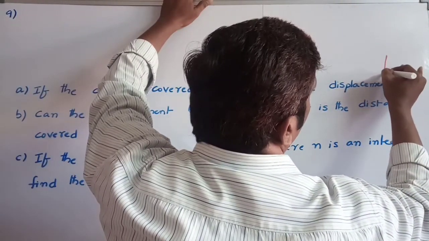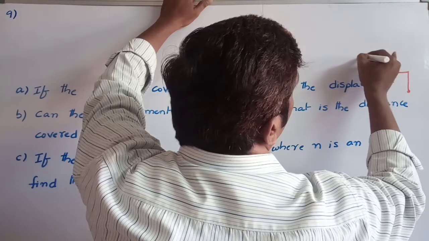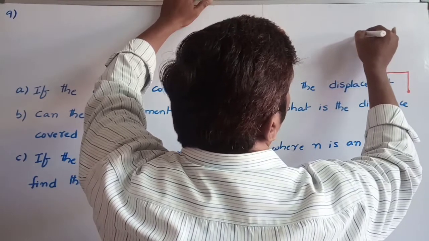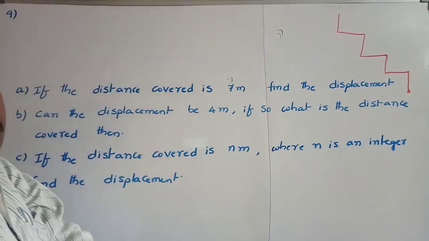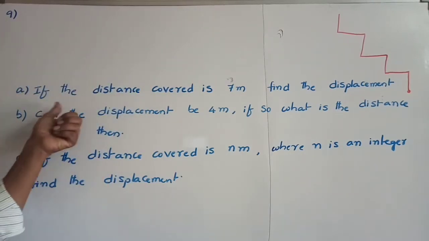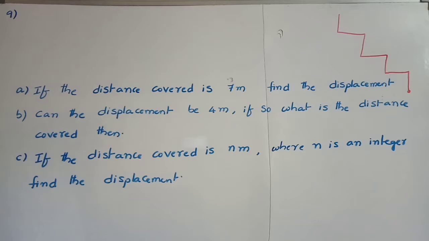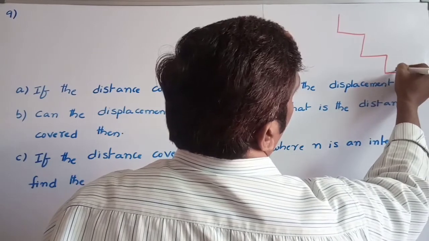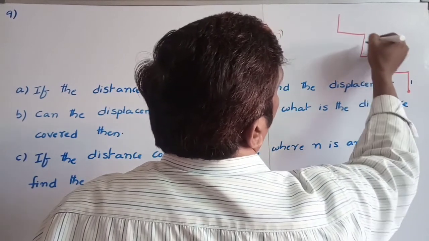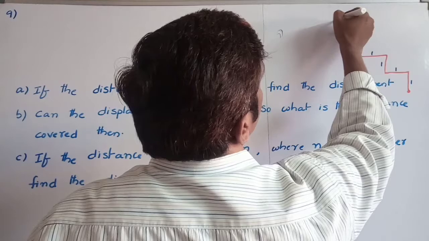Again he takes a right turn, next left turn, right turn, left turn, right turn. In this way he is going. So in the first bit, if the distance covered is 7 meter, find the displacement. Distance covered is 7 meter means 1, 2, 3, 4, 5, 6, 7.